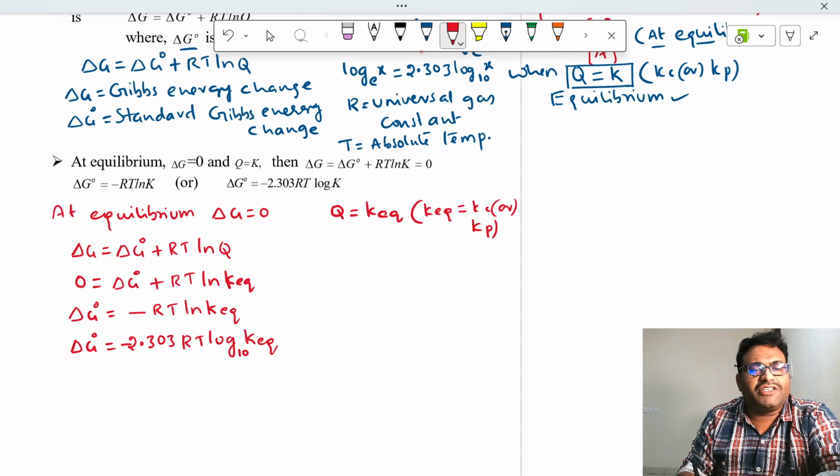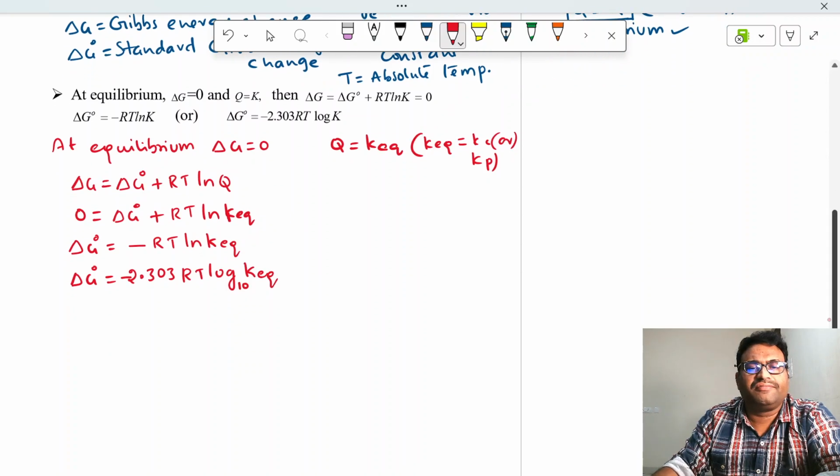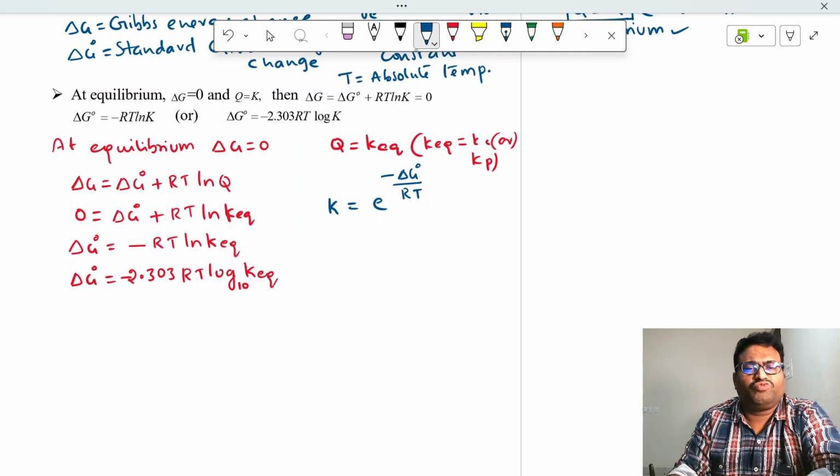The same equation can also be written in a different way. I can write K is equal to e power minus delta G naught by RT. Can I write this?